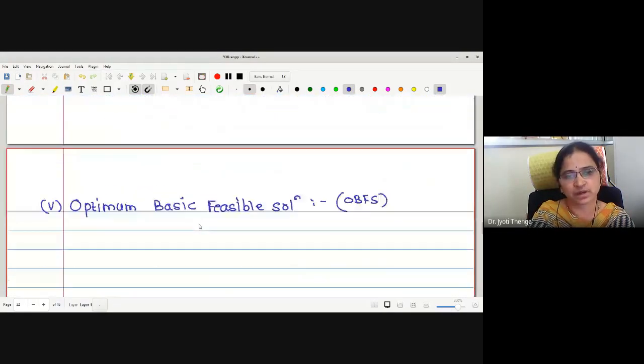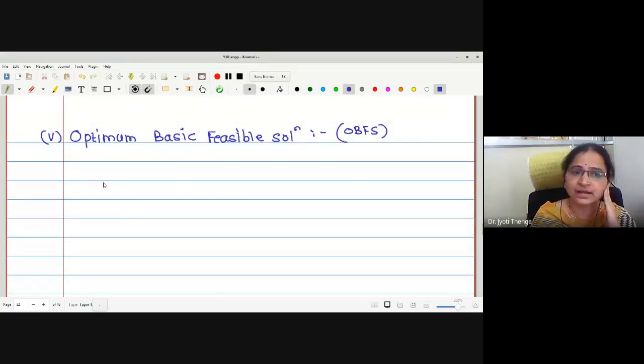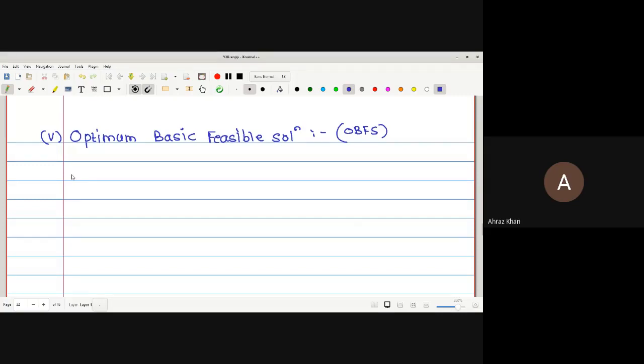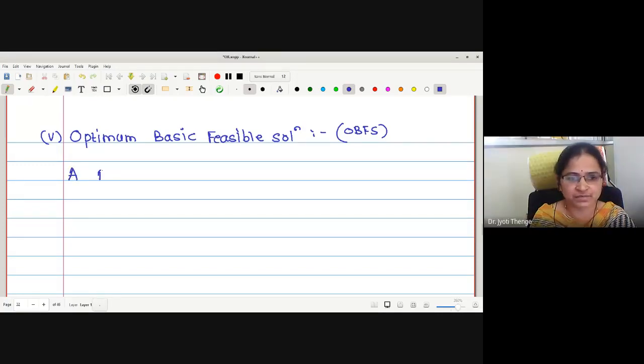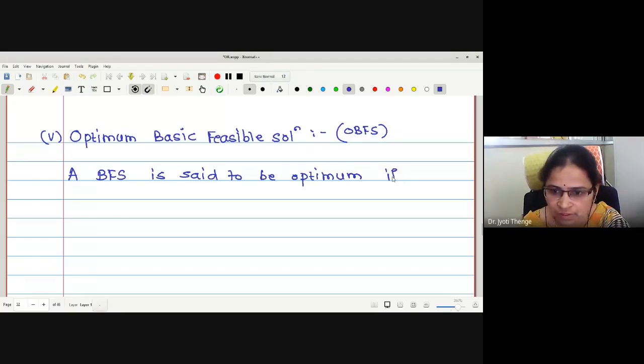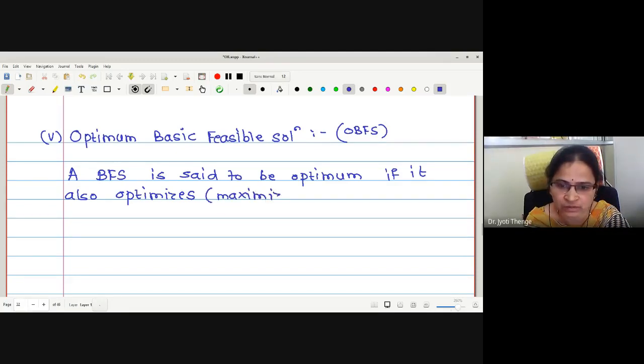A basic feasible solution is said to be optimum if it also optimizes, that is, maximizes or minimizes the objective function, both the possibilities we were discussing.